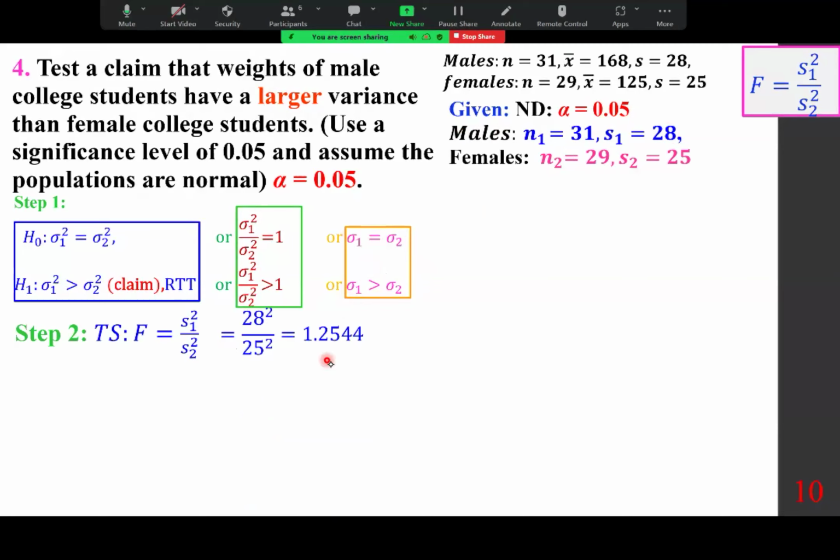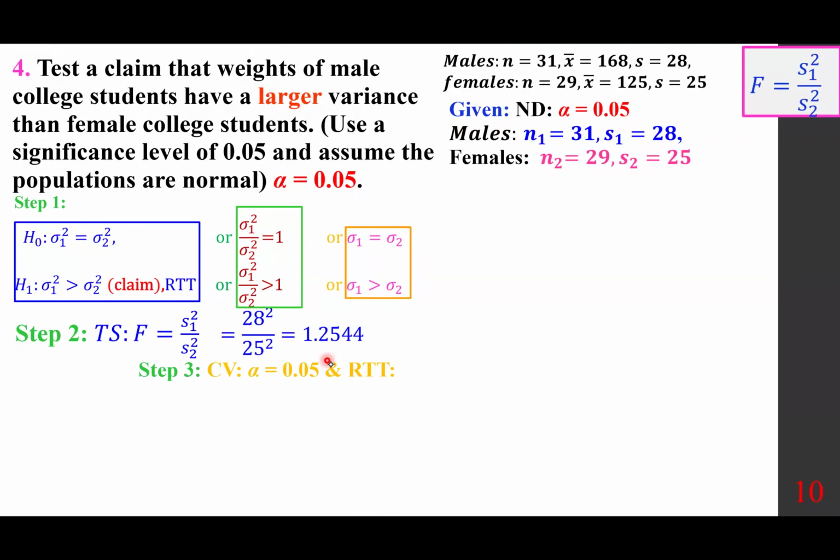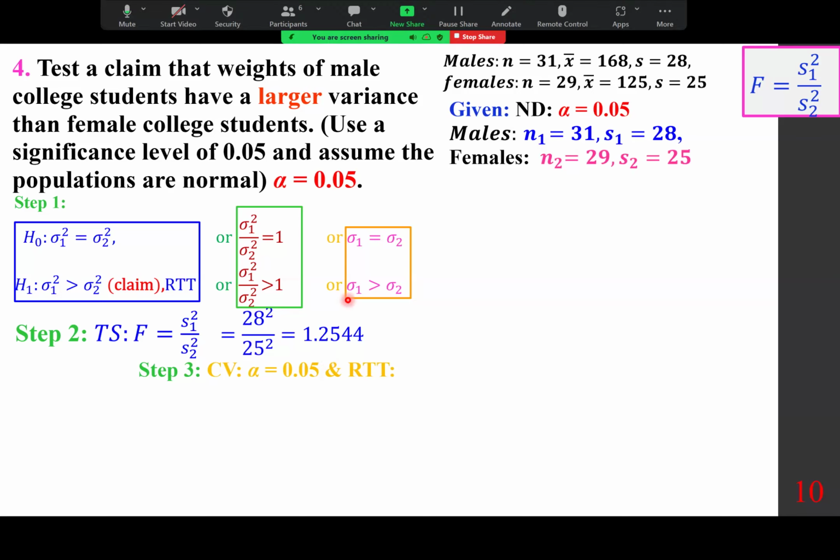The next one is the critical value. Alpha is 0.05, and it is a right tail test, so the entire area is in the right. You look for degrees of freedom, but there are 2 of them, for the numerator and the denominator. For the numerator, 31 minus 1 is 30.